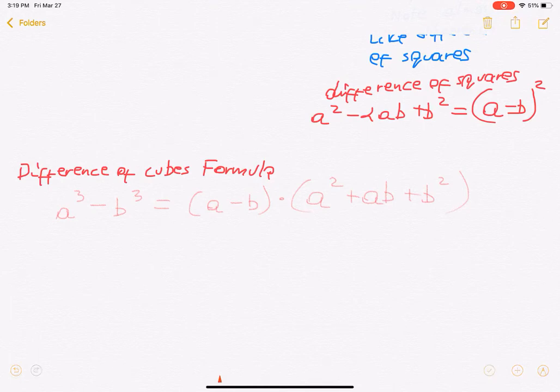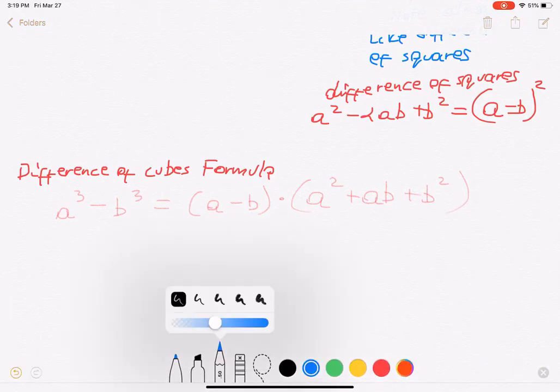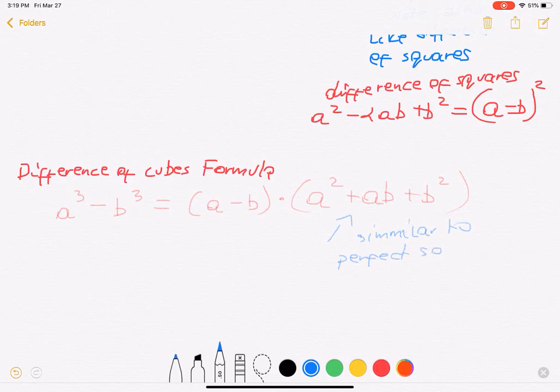So again, pay attention to that. So this formula here is similar to perfect square trinomial formula, but without 2.